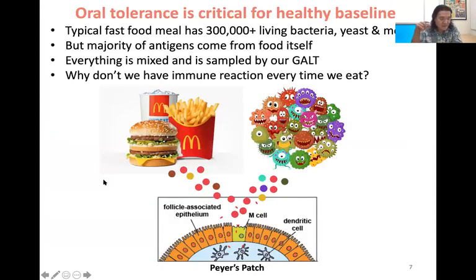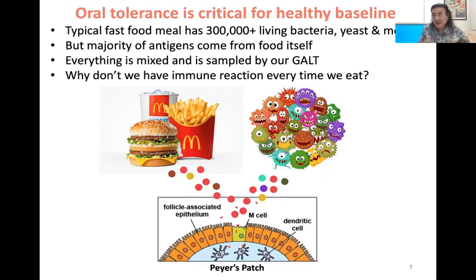So here's a question. A couple of you have asked me about this: every single day we eat all kinds of stuff, and clearly there's all kinds of stuff that is foreign to what we naturally produce inside of our bodies.